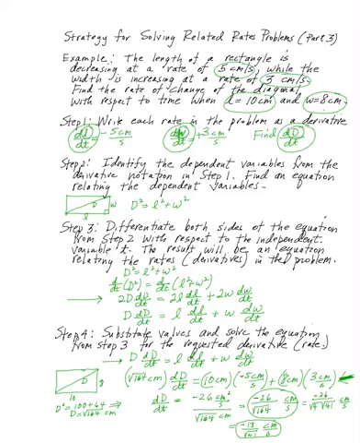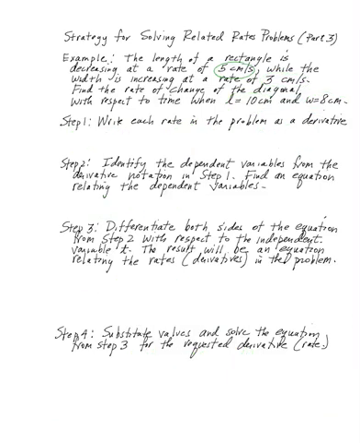So we first, as we've been doing, write each rate in the problem as a derivative. So 5 centimeters per second, that's negative 5 centimeters per second, and that's the rate at which the length is decreasing.